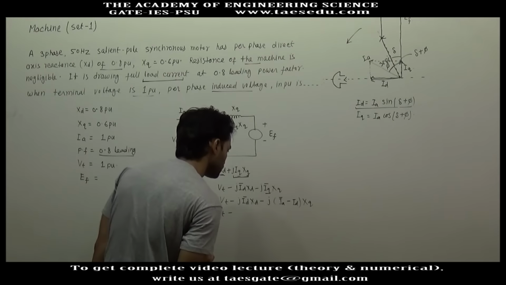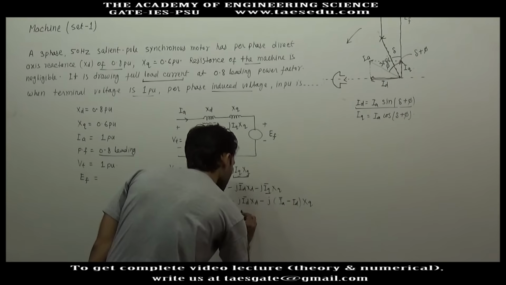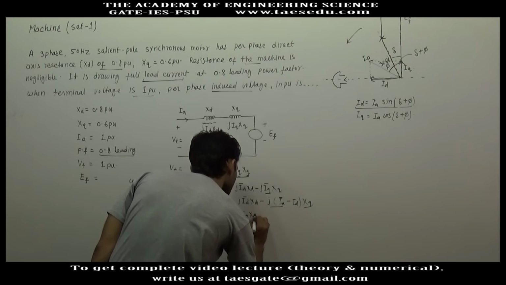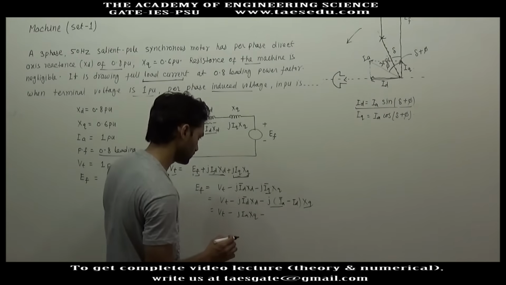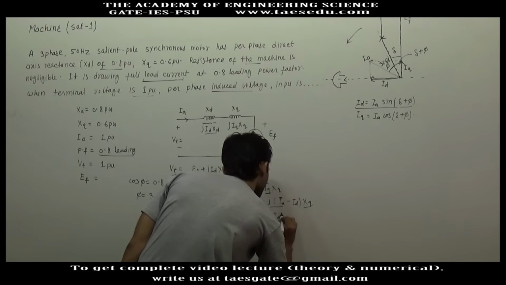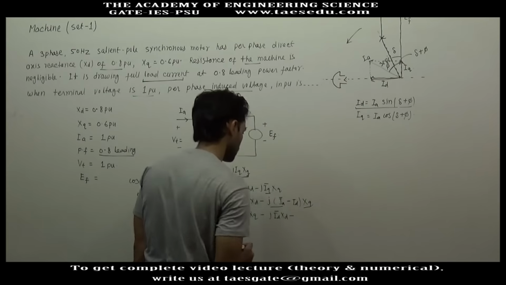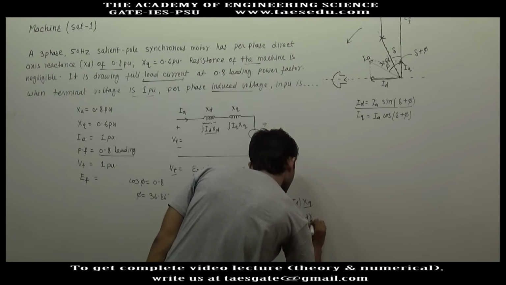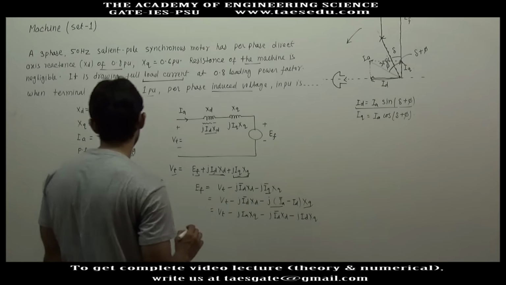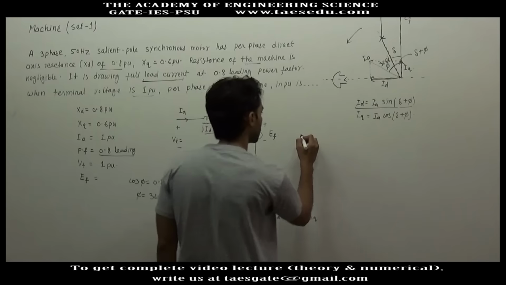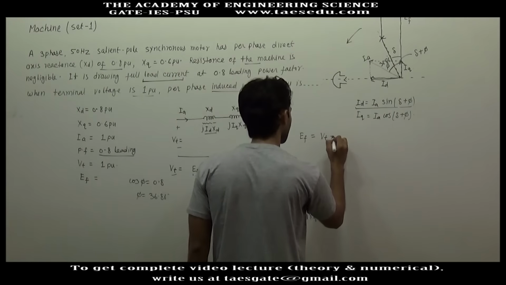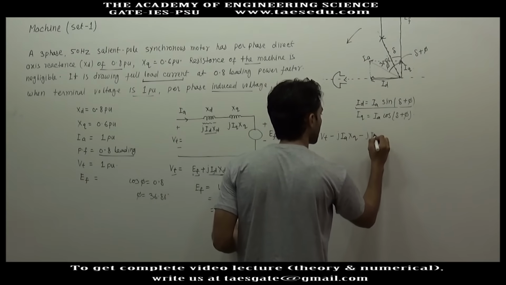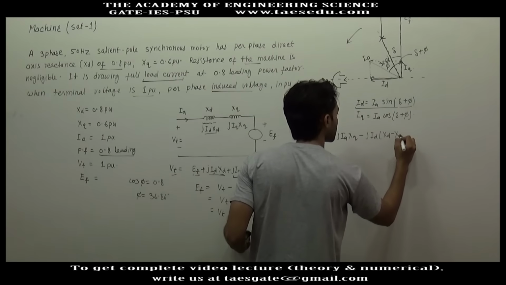Vt minus, let us write first this term, jIaXq, minus jIdXd, minus minus plus jIdXq, or EF will be Vt minus jIaXq minus jId(Xd minus Xq).